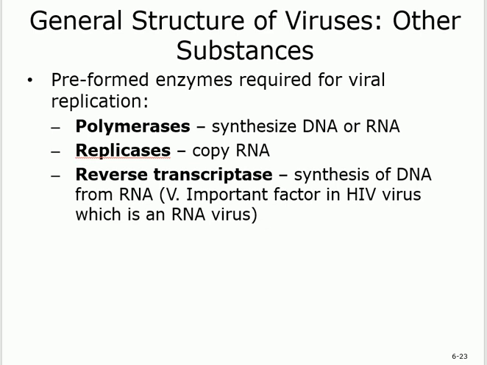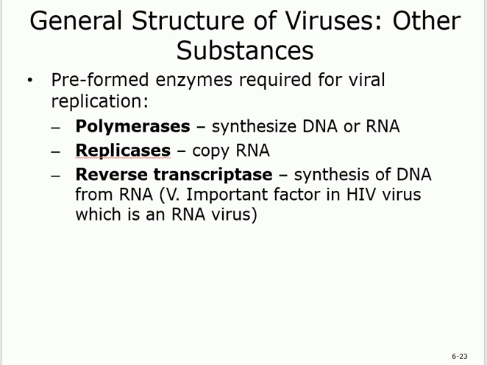What are the enzymes that are needed for the virus to do the replication? Polymerase. This is what's helping you to make DNA or RNA. It means DNA polymerase and RNA polymerase. You can make copies of yourself and you can make RNA out of the DNA.